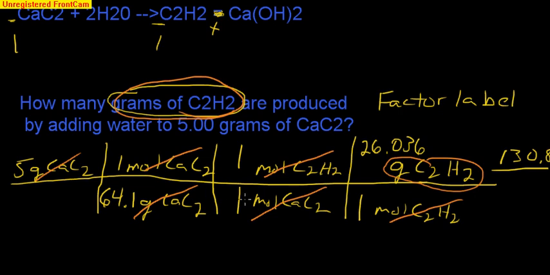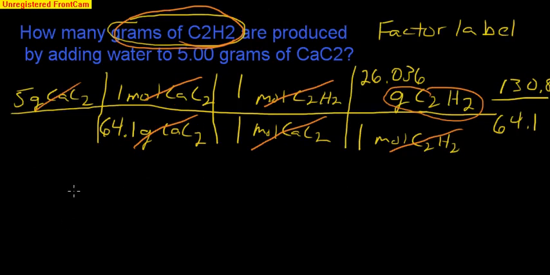And when I take 64.1 times 1 times 1, I end up with 64.1. So once you're here, you have to divide the 130.8 by the 64.1. And when you do that, you end up with 2.03, and your units are going to be grams of C2H2. You know that because that's what you were looking for up here, grams of C2H2. So the answer to this question using the factor label method is 2.03 grams of acetylene.